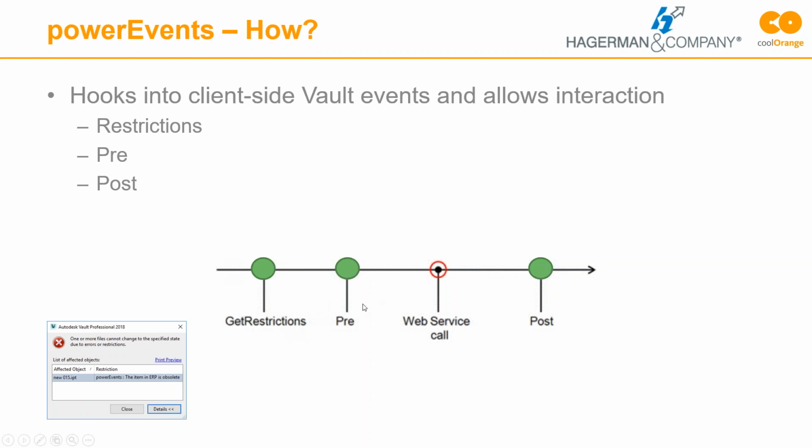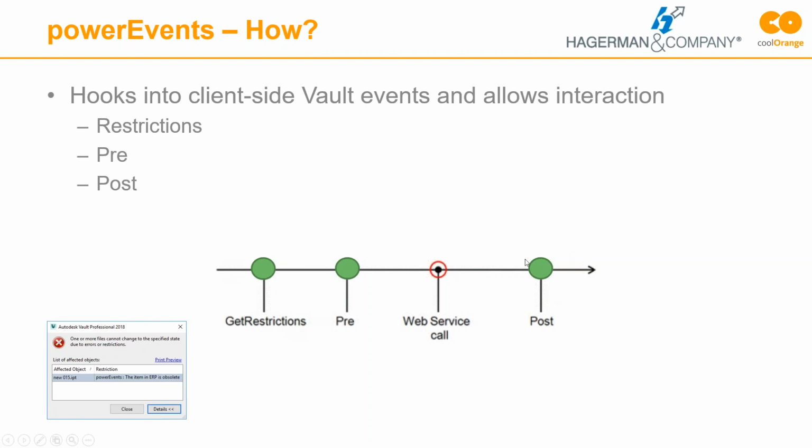If you can think of something that needs to take place before the web service call, the actual act in Vault of the check-in or the add of the file, if there's something that needs to be done or in place before that call happens, you can hook into it and take that action.